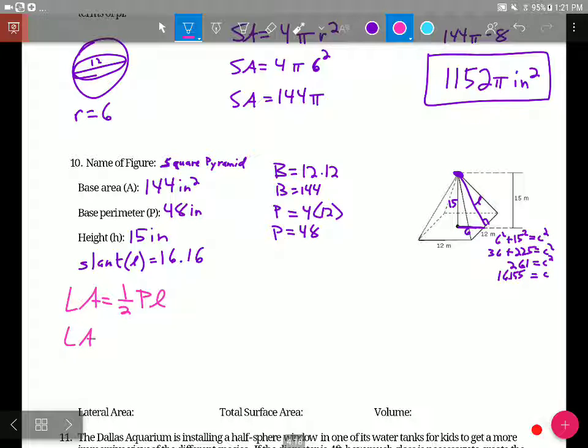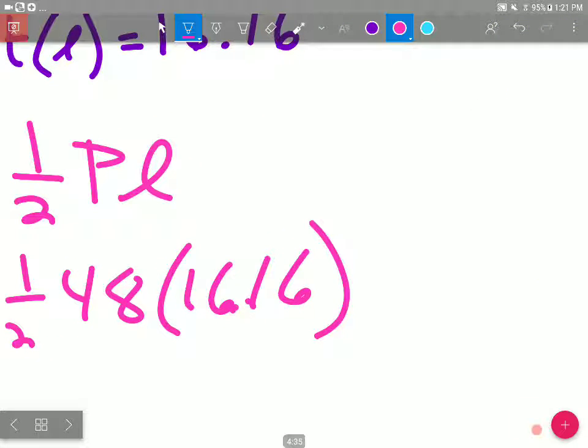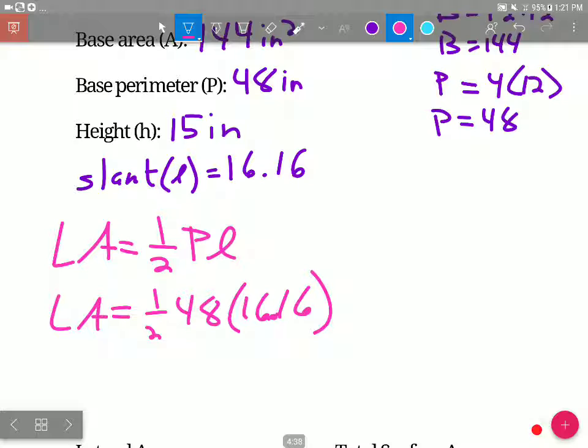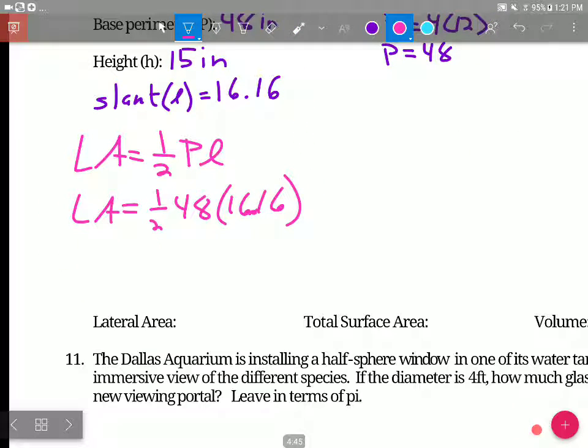So lateral area equals 1/2 times 48 times 16.16. 48 divided by 2 is 24. 24 times 16.16 is 387.84 inches squared.